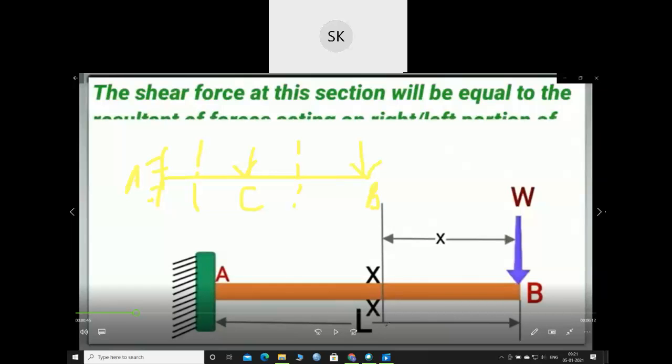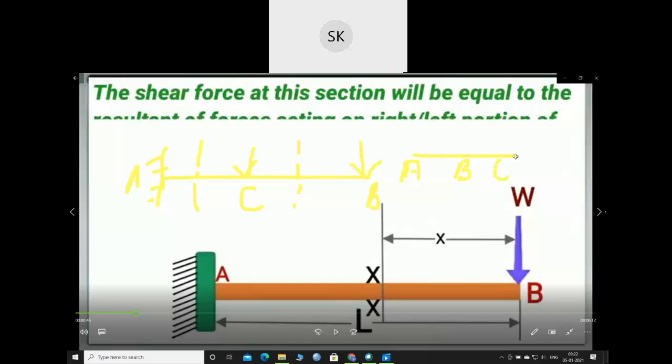Understood? Not only in a cantilever, in simply supported beams also, the number of sections you have to take depends upon the number of segments.